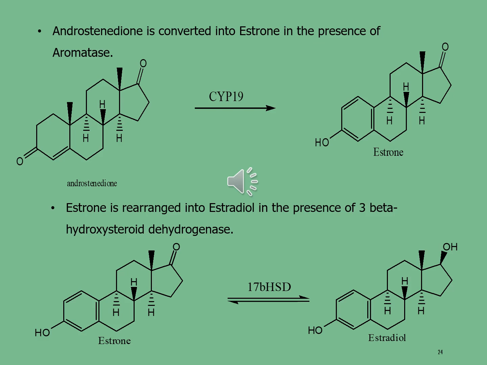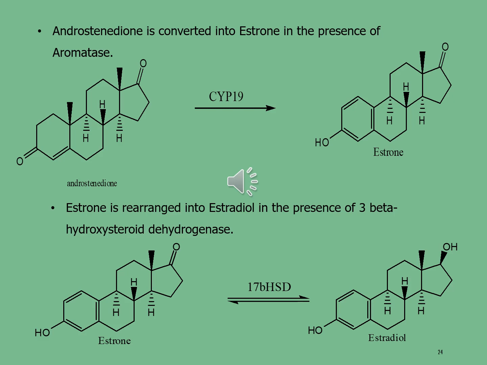In the third step, the estrone is rearranged into estradiol in the presence of 17-beta hydroxysteroid dehydrogenase, which is abbreviated as 17-BHSD. The estrone, which has an aromatic ring in the steroidal structure, the first ring, which has the hydroxyl group at carbon 3 position and the carbonyl group at carbon 17 position, is converted into estradiol.